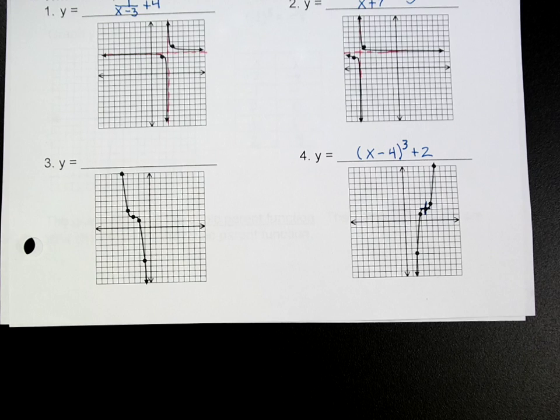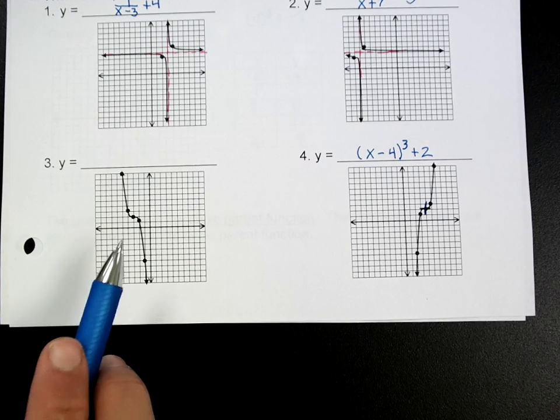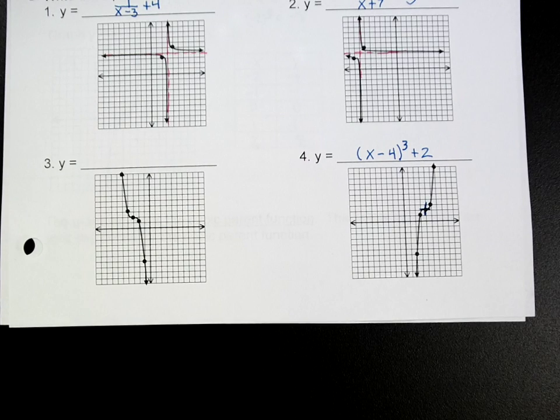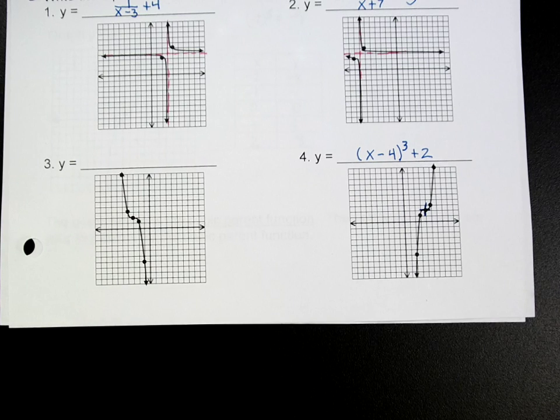Okay. Is this being reflected? Now, if you don't know, raise your right hand. It's not being reflected because this is positive. All right. Now, this one right here, on number 3, I know that was a confusing statement. This one is reflected, right? It's negative because left arm up.